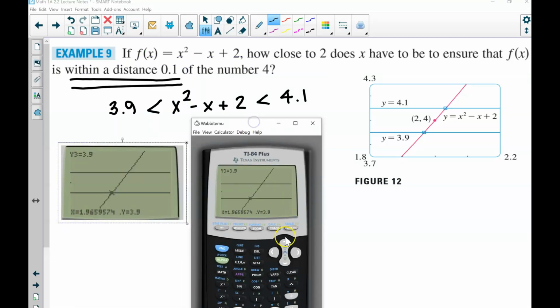And then let's do the other horizontal line and go to the right here. We can see that the point of intersection there is 2.032.